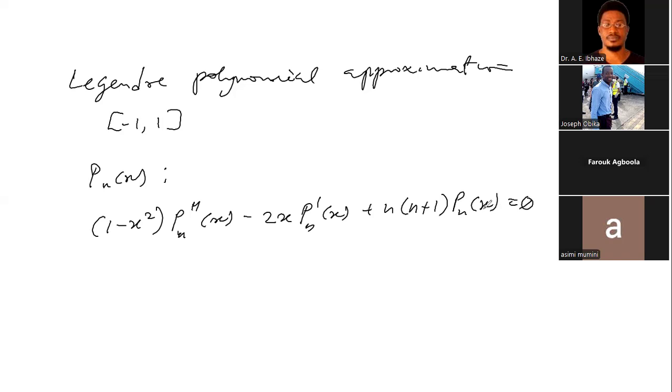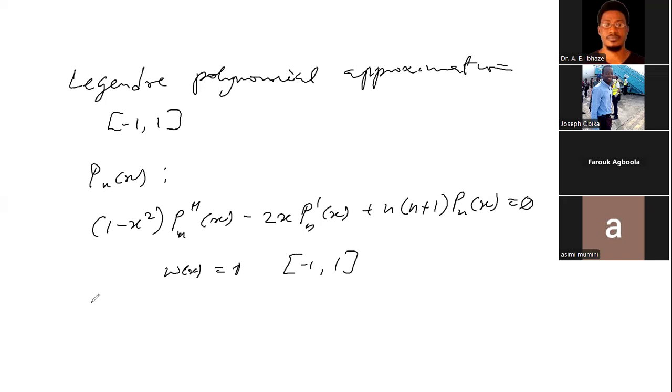And these polynomials are orthogonal with respect to a weight function. So in this case, we have a weight function to enforce orthogonality over the interval. And recall that for the Chebyshev function, we had 1 over the square root of 1 minus x squared.